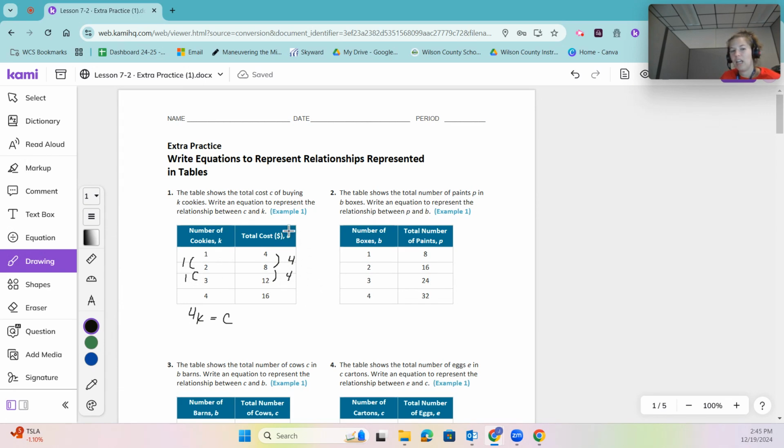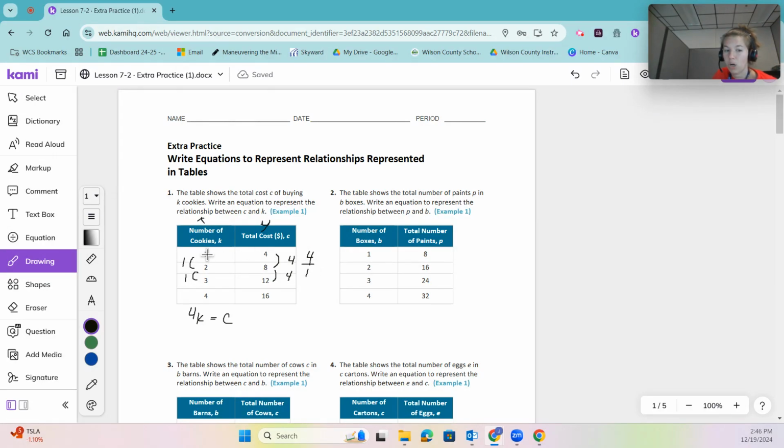These are also x and y values. You would take your y value and put it over your x. So 4 over 1 would be your rate of change. It's how much it's changing each time, also known as your unit rate. We've talked about that before.